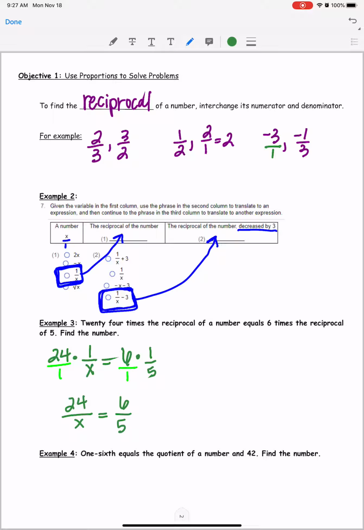So now just cross multiply. We've got our proportion. So here we get 6x equals 24 times 5, which is 120. Divide both sides by 6, and we've got x equals 20.